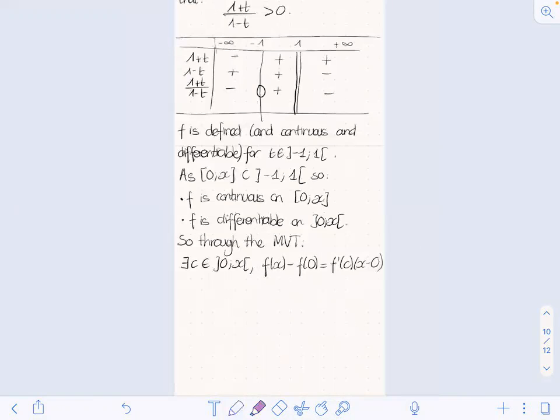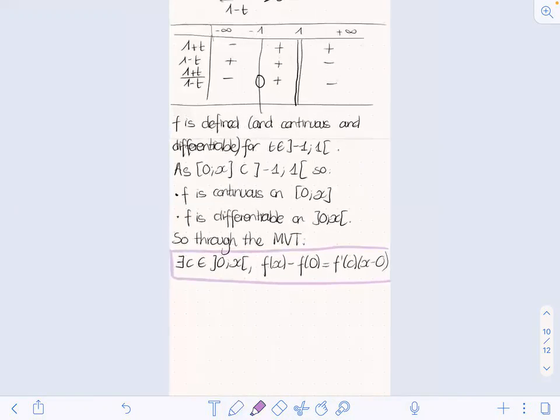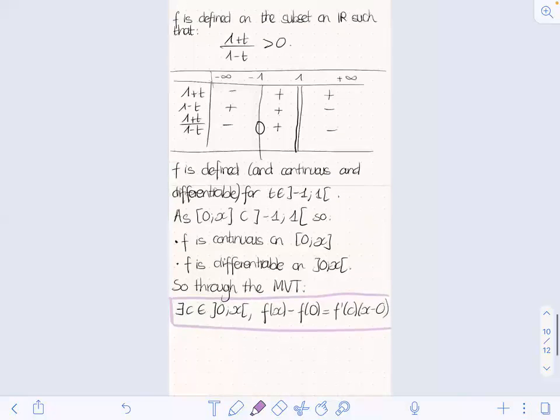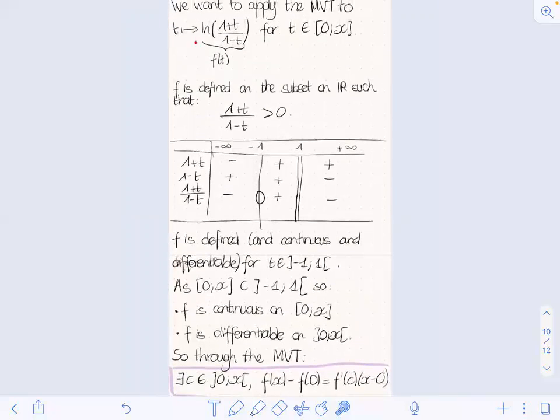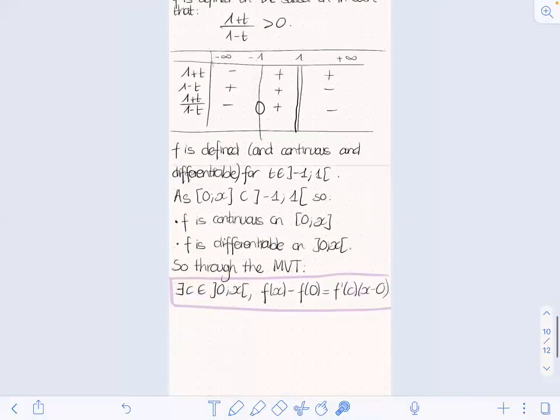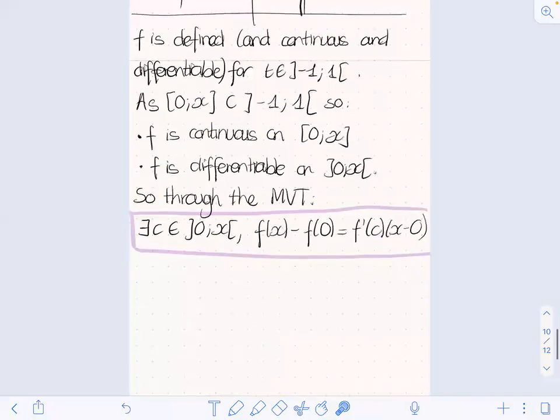So that's a first thing that we get, and we want to further exploit this. So f of x, we can express it as follows. It's logarithm of (1 plus x) divided by (1 minus x). If you have a look at what f of 0 is equal to, it is equal to logarithm of 1, that's equal to 0.